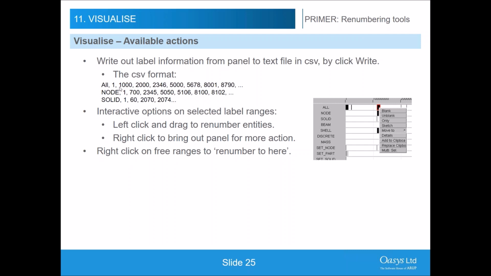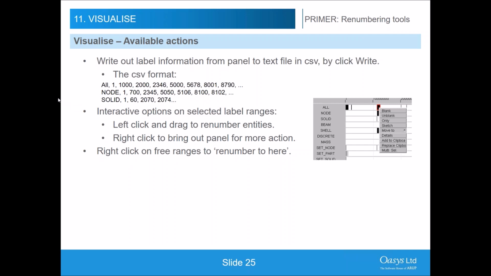So you've got the used label, so 1 to 1000 will be used, then a space in between, and then 2000 to 2300 are also used. So it's basically used, free, so you can identify what range is being used.